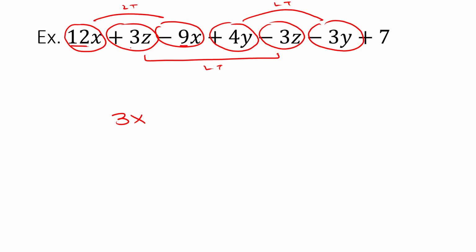So 3 minus 3 gives you 0z, and you put addition. Now let's move on to the next like terms, 4y minus 3y. 4 minus 3 gives you 1, and then we copy the variable part, y, and then we just bring down plus 7.